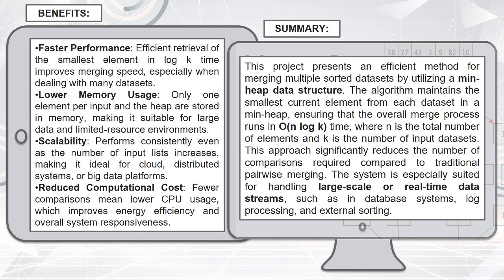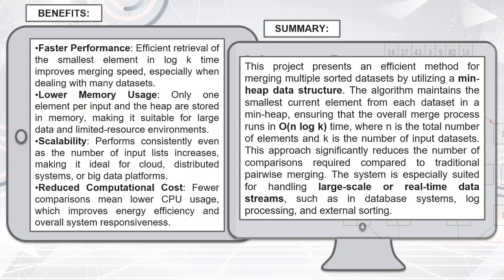If the dataset from which the extracted element originated has more elements, insert the next smallest element from that dataset into the min-heap. Next is termination. The process continues until the min-heap is empty, at which point all elements from the input datasets have been merged into a single sorted output.